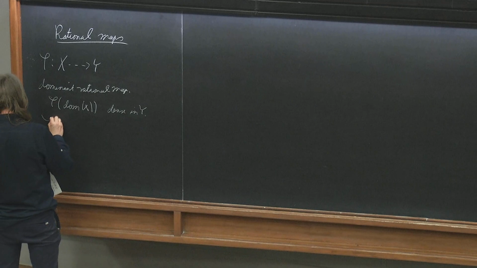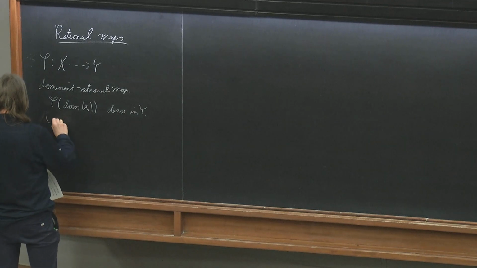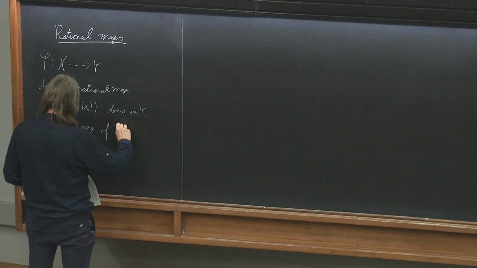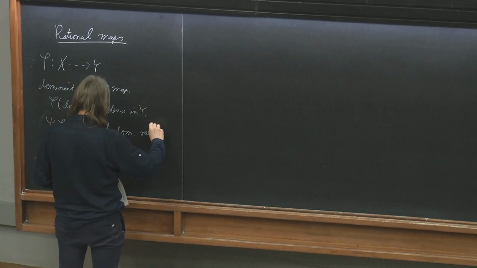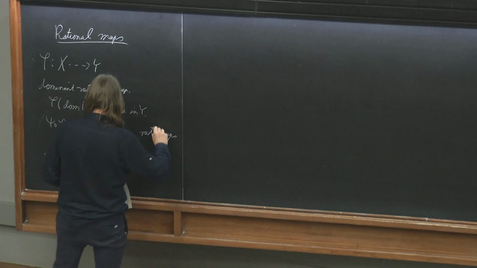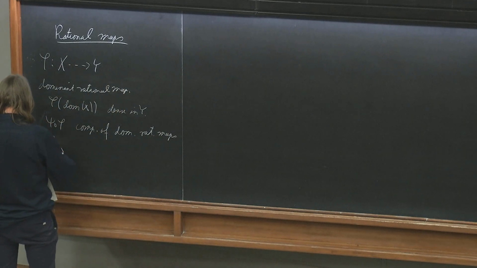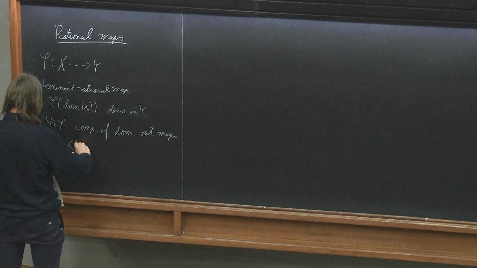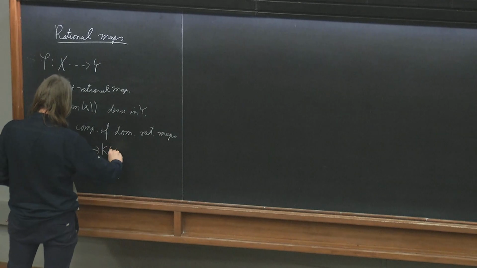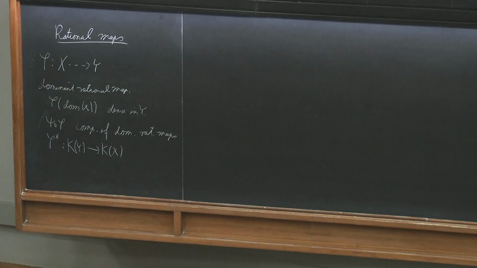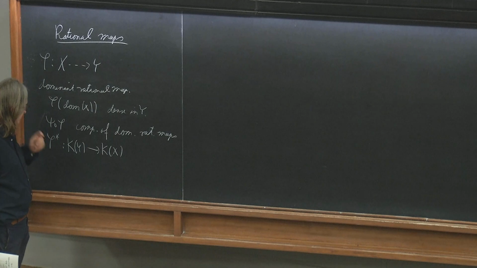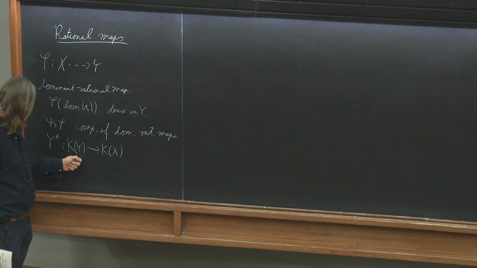So we have phi of dominant rational maps, and we have the pullback phi star from k(Y) to k(X), which is just the composition of a rational function, which is the same as a rational map from, say, Y to A1, with phi.